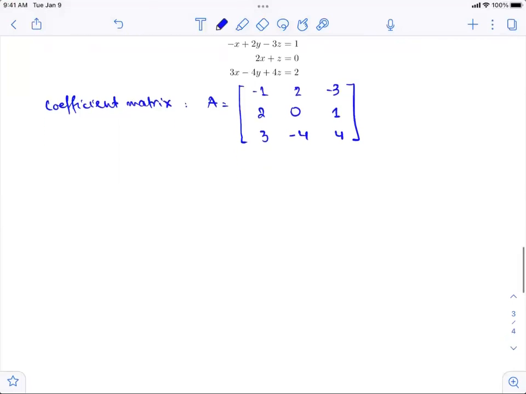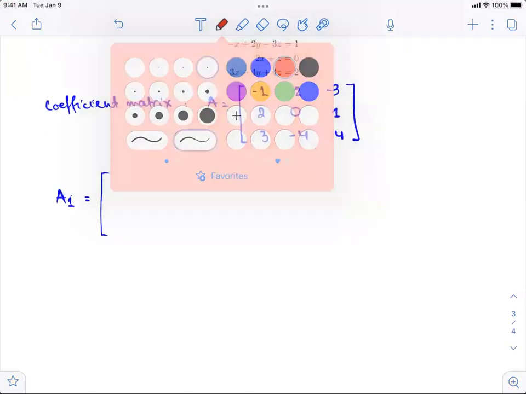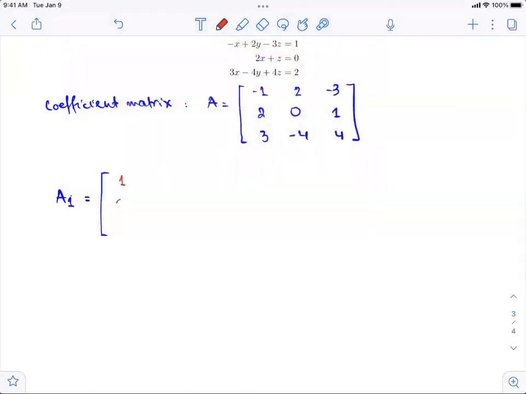For A1, you remove the first column of A and replace that with the entries of the right-hand side. So the right-hand side now becomes 1, 0, 2. That's the first column. The second column is 2, 0, -4, and the third is -3, 1, 4.